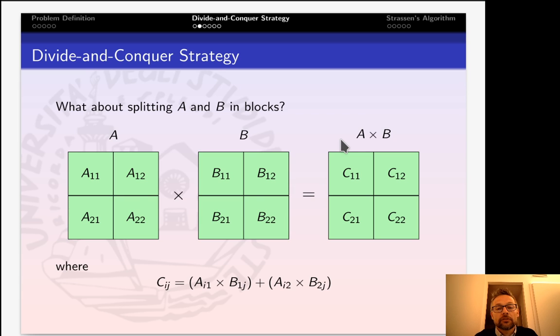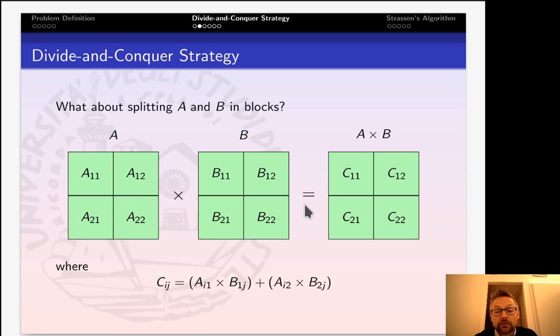Let's imagine splitting A into 4 blocks, A11, A12, A21, A22, and let's do exactly the same for B: B11, B12, B21, and B22. By doing so, we are able to solve our problem by using this equation.